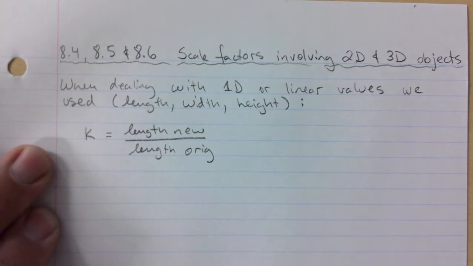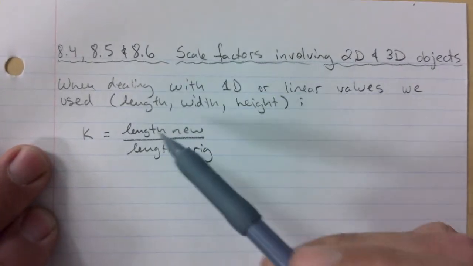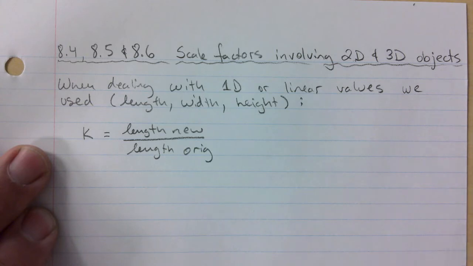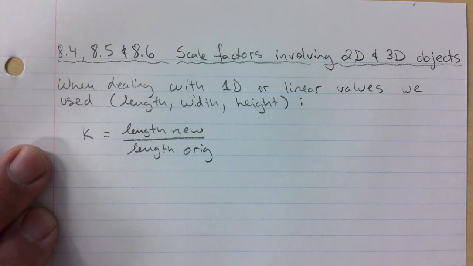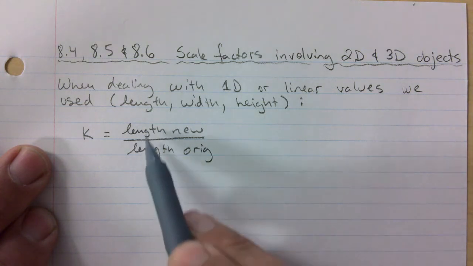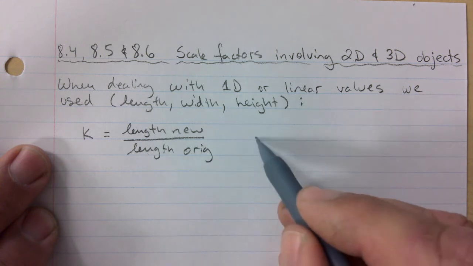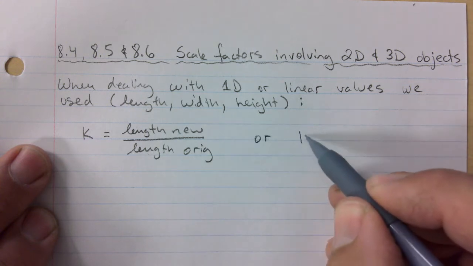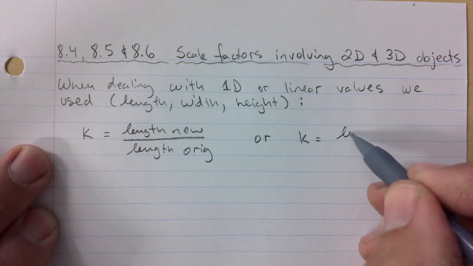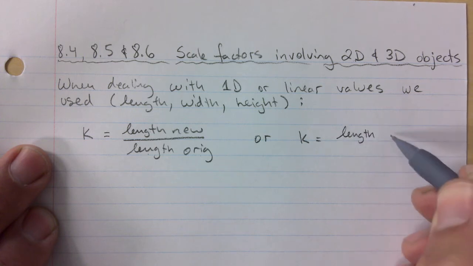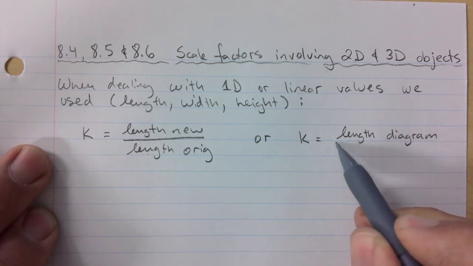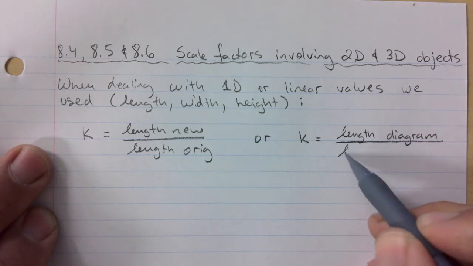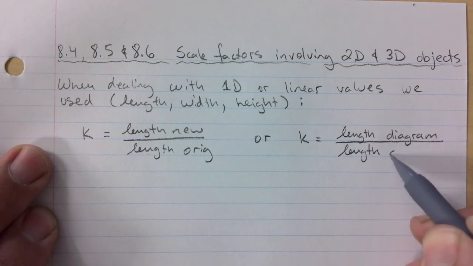We knew that. And I never added the word length before, but now I am, because that's what is implied. The simplified version is just new over original, but when we're talking length, we're talking about both lengths. Or we also use this one, which is the length of the diagram over the length of the actual.